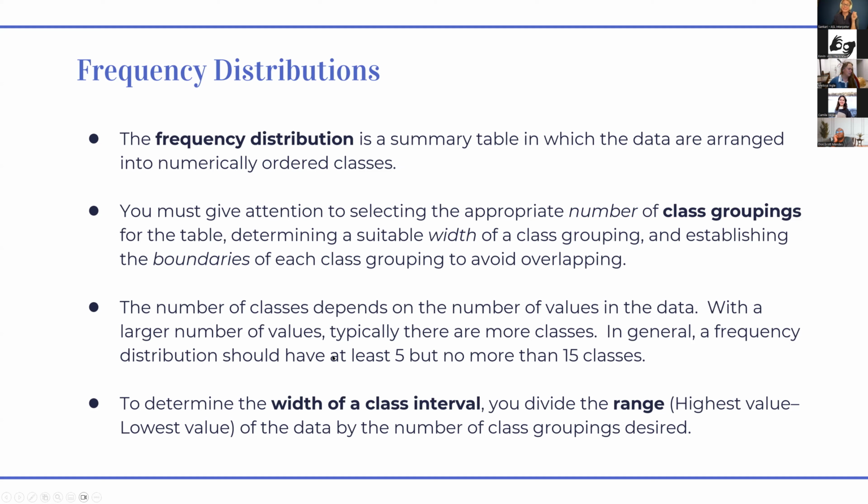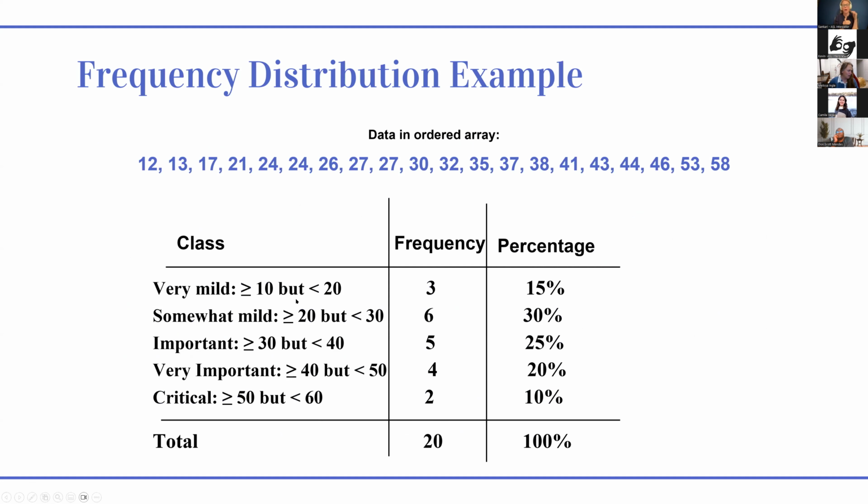This is a really interesting point: at least five categories, but no more than 15. If you have a ton of categories, it loses its punch, because, as I preached, you want your audience to be able to look at the table and understand what you're trying to convey with as little thought as possible.